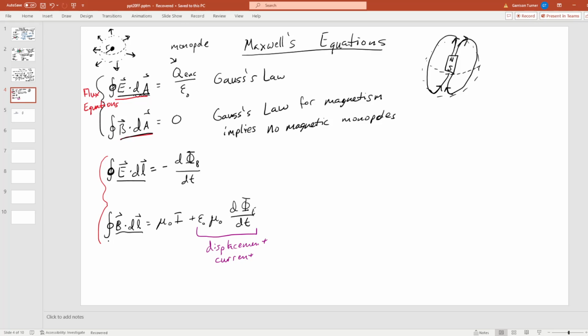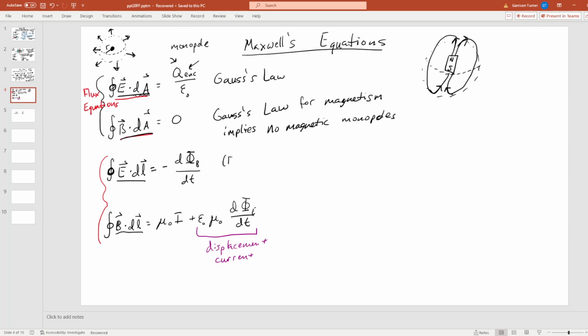And the fields are what you're integrating in both cases. Then the other side of the equations are the things that cause those fields. In Gauss's law, it's the presence of electric charge. There is no flux through an arbitrary surface for magnetic fields, because there is no magnetic monopole, so whatever goes out must come back in.